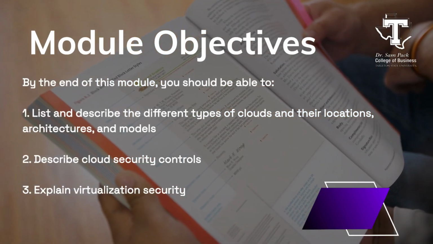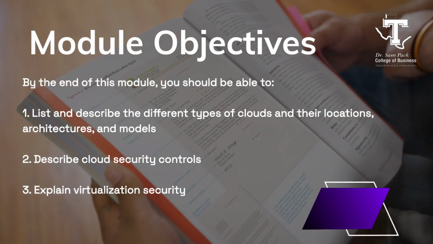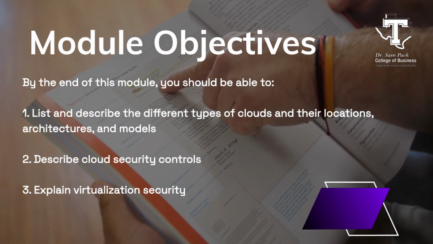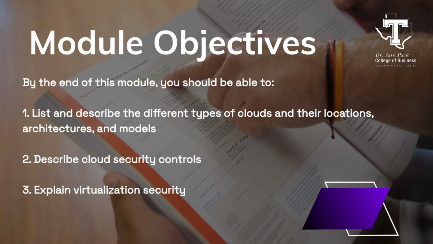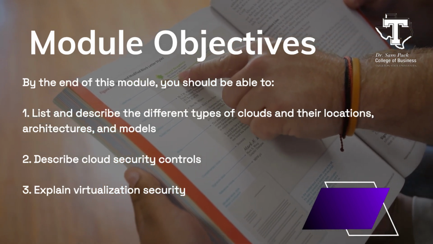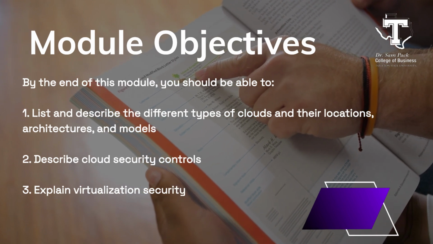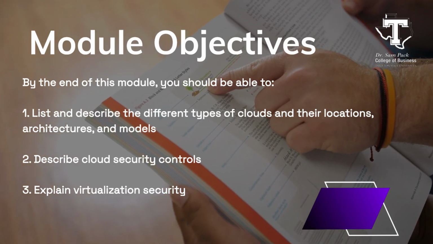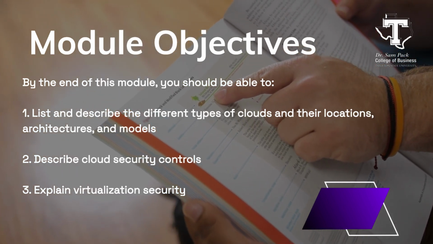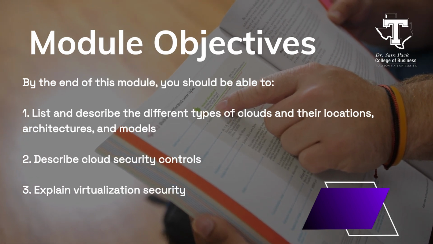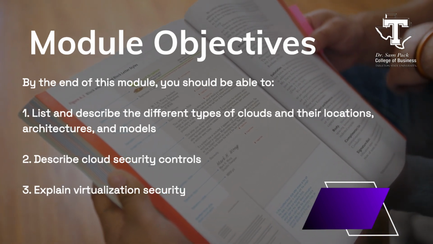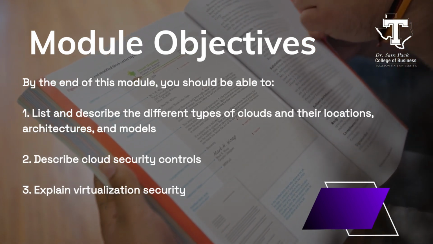Next, we'll explore cloud security controls, essential practices to protect data and infrastructure. Key controls include encryption, identity and access management, IAM, and network security measures. Finally, we'll touch on virtualization security. Virtualization lets you run multiple virtual machines on one physical machine, which is efficient but requires careful security measures to protect the hypervisor and manage access controls.